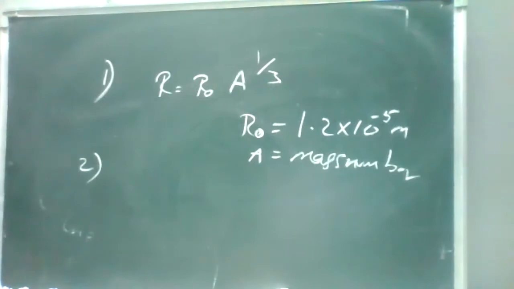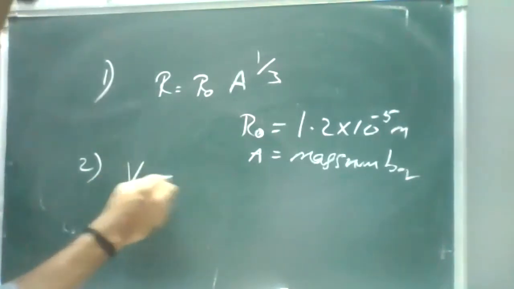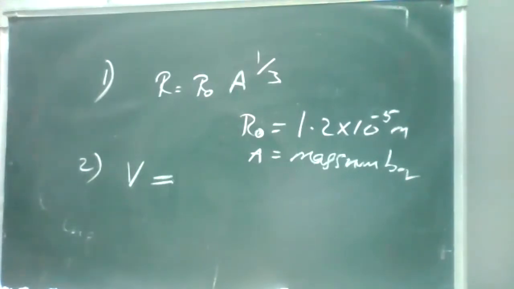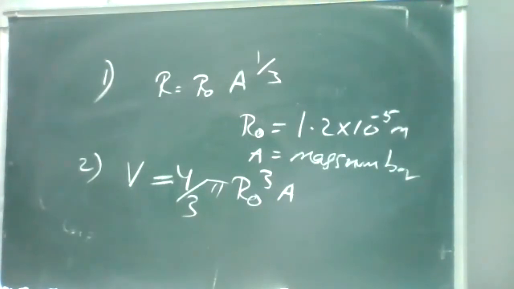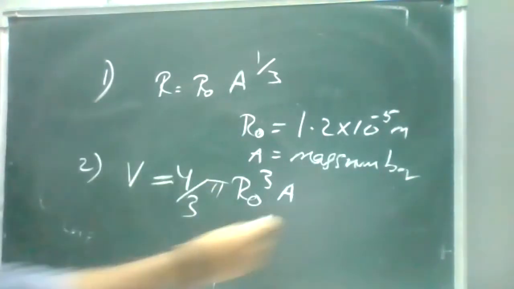Second one, nuclear volume. Volume V is equal to 4 by 3 pi R naught cube A. When you substitute R naught, it will be a constant value.